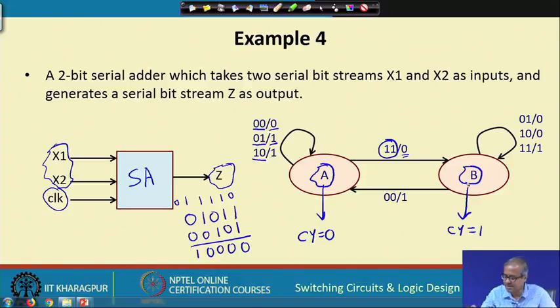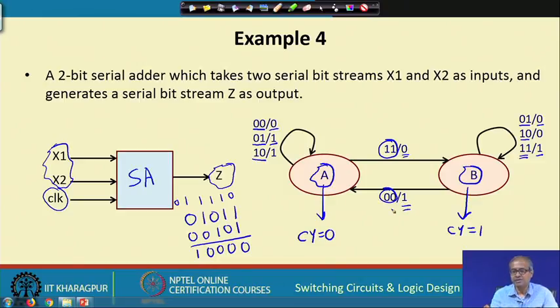While you are in state B, the things are similar. If you have input 01 with a carry 1, then the sum will be 0 and the carry will remain 1. 10 also gives sum 0, carry 1, and if it is 11, sum will be 1 and carry will also be 1. But only when the inputs are 00, there will be no carry, so you move back to state A, but this sum will be 1.